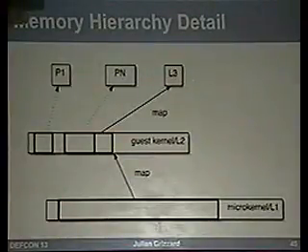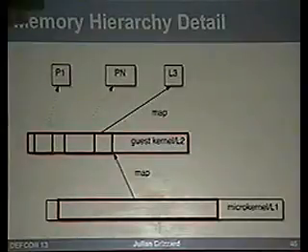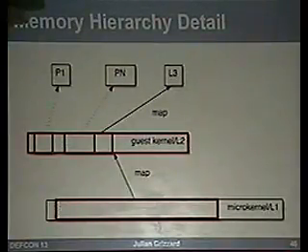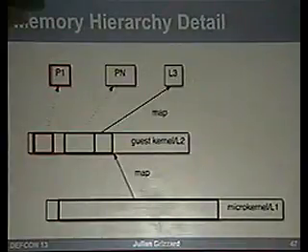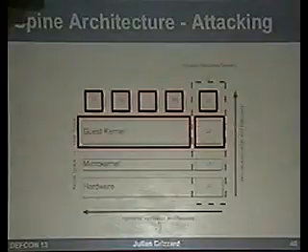It can allocate some of the RAM to the guest kernel, which is shown in red here. You can see that portions of the memory are still owned by the microkernel, and the Linux guest kernel cannot touch that memory. And then in turn, the Linux kernel can map some of its memory to user space processes.